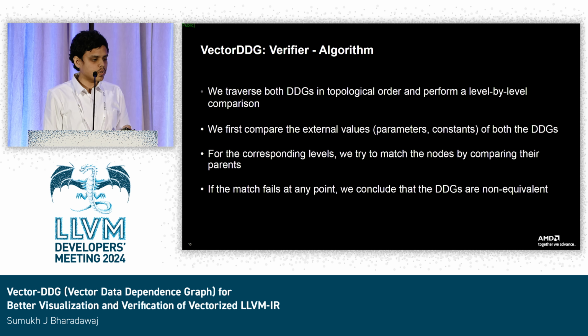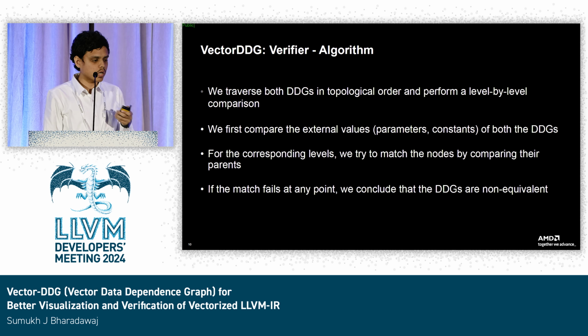So this is a brief description of the algorithm that we follow, where we take the two graphs and traverse them in the topological order, and we perform a level-by-level comparison. The incoming values are first compared, which form the roots of our DDG.